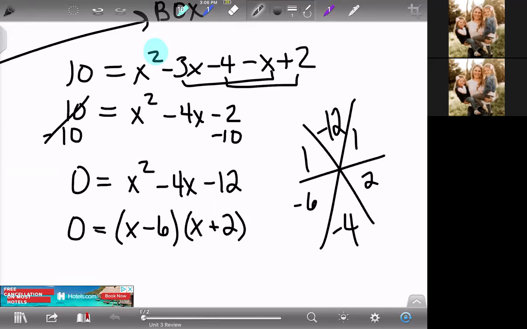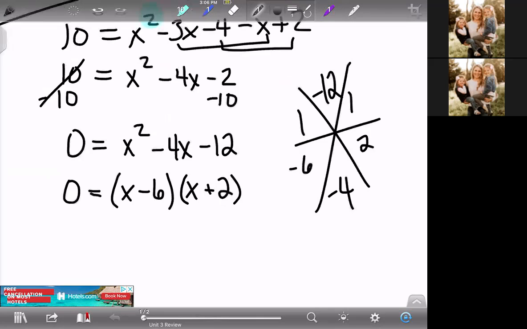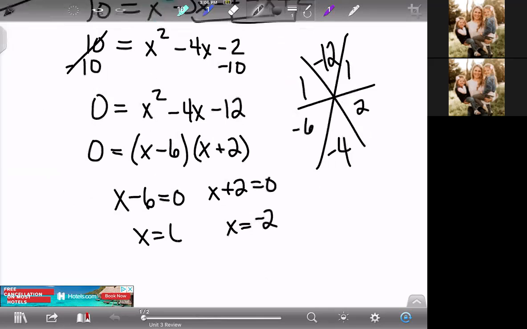So that's going to give me factors x minus 6 times x plus 2. Set them both equal to 0. That is going to give me 2 answers, x equals 6 and x equals -2.